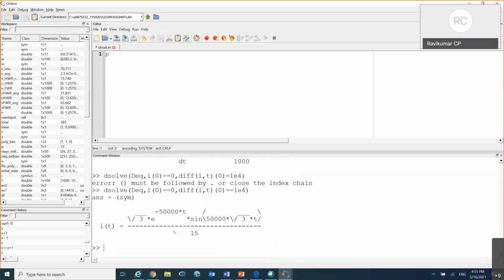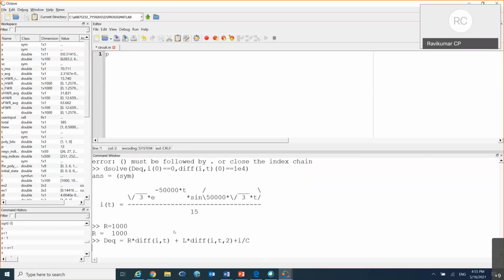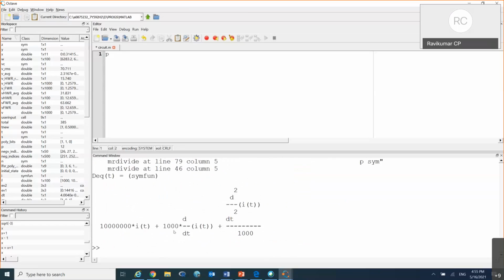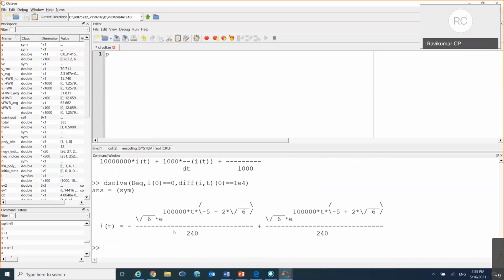So this is also still sinusoidal. So let us try R equal to 1000. Now you can see that it is no more sinusoidal.